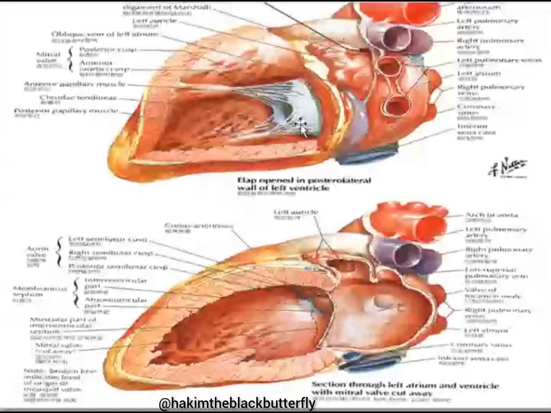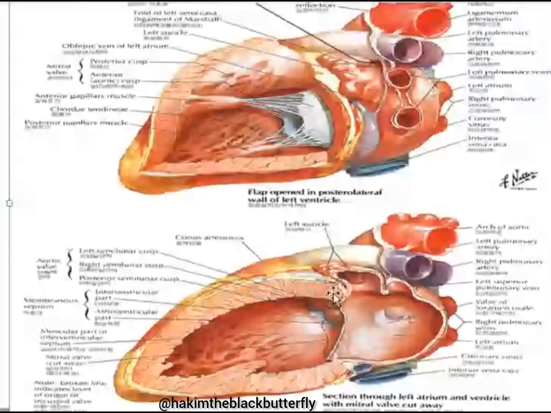That is for the bicuspid valve. So blood is going to come from the left atrium to the left ventricle through the valve which is located there, which is known as the mitral or bicuspid valve.